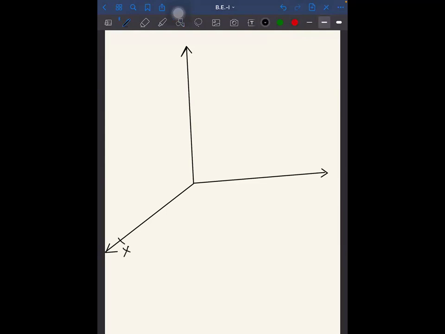This is x-axis, this is y-axis, and this is z-axis, right? And since we have a function, let's say z equals f of x, y, the graph of the function will be 3D, right? So that would be the output: x, y and f of x, y, a 3-tuple. This is something which we already discussed. Are you with me?